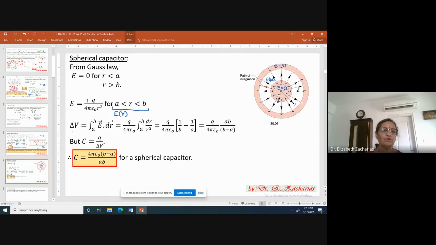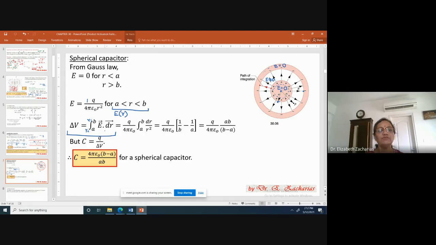Now once more, we are going to take the expression for the potential difference. There we wrote plus to minus in the integral. Here we will write A to B, R equal to A to R equal to B. R equal to A is at the higher potential, plus. R equal to B is at lower potential, minus.